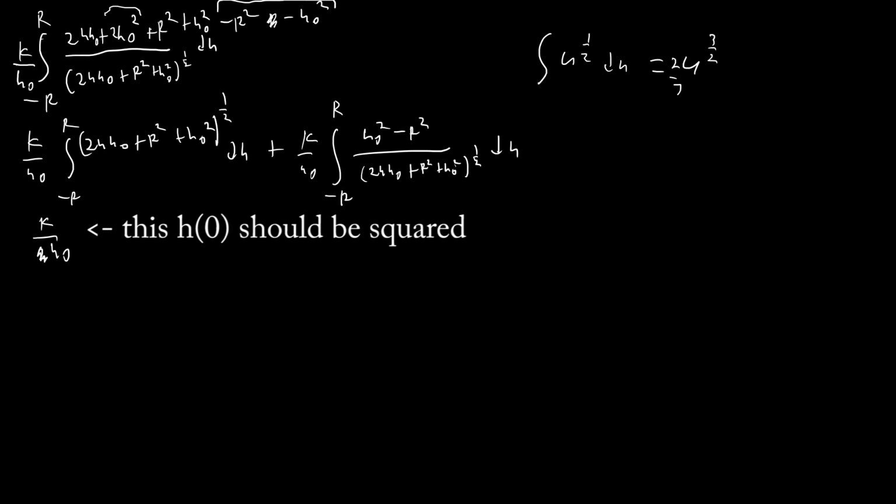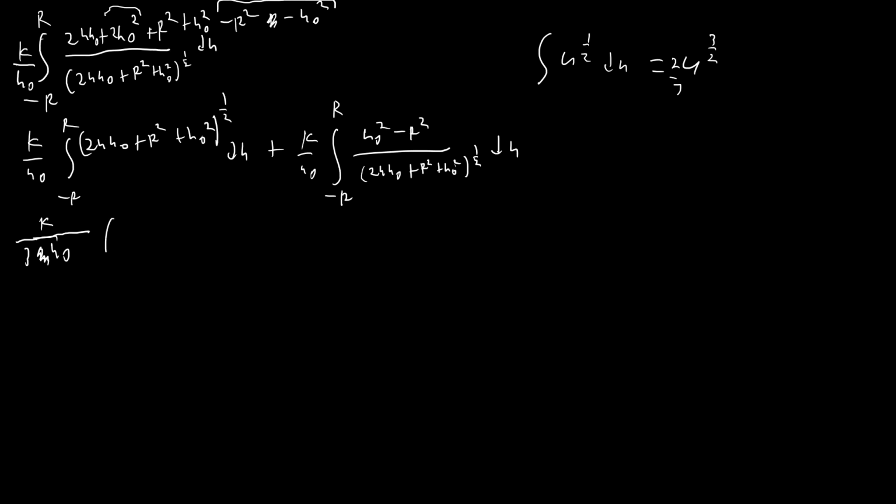So that's going to get rid of this, and we're going to just have a 3 there. And then we're going to have this whole thing, which is called b, I don't know, b to the 3/2, evaluated at r and negative r. For this other integral, we're going to have something very similar.